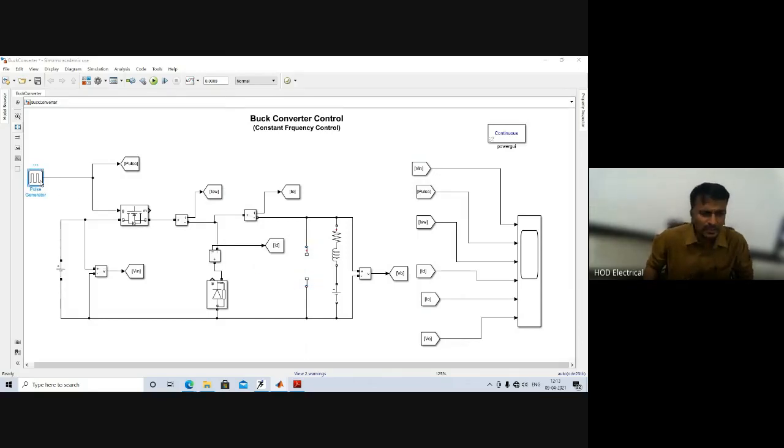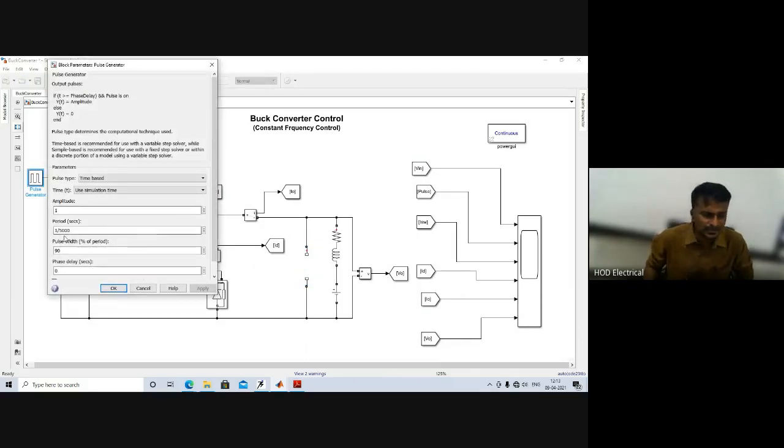Let me explain now this pulse width. I have chosen a frequency of 5 kilohertz. The total time period is fixed since it is constant frequency control. So the period I have given as 1 by 5000 hertz, that means 1 divided by 5 kilohertz, so that we can convert that into time. The pulse width I will vary between 0% to 100%.